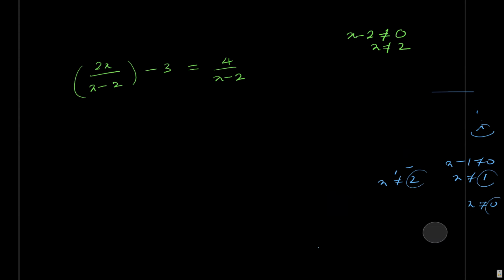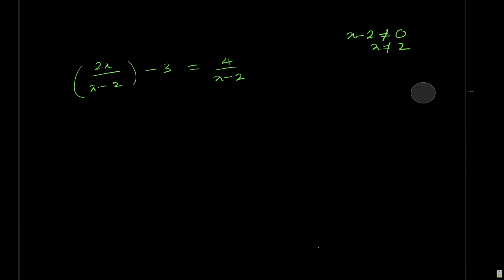Now let's go back to our equation. So x can't be 2. Now the least common denominator, in this case, you only see one denominator. So the least common denominator is just x minus 2, because you only have that denominator. So multiply the whole thing by that.